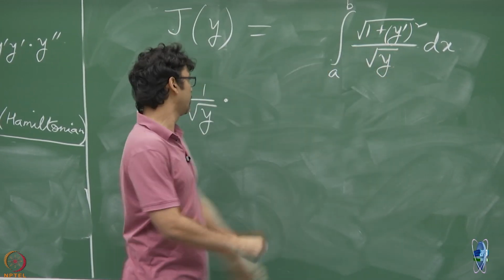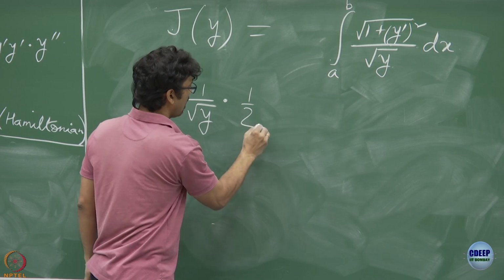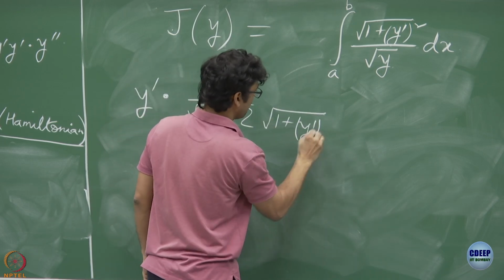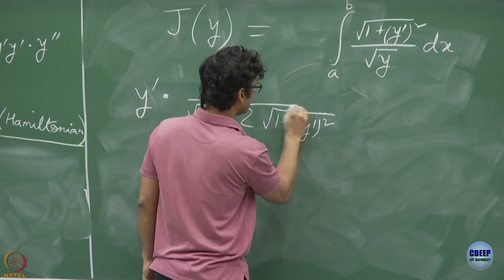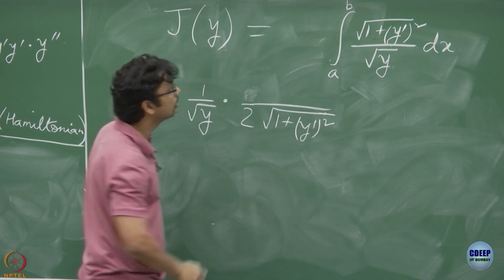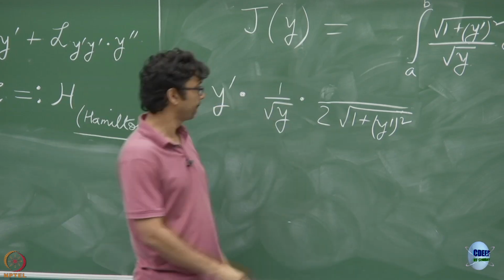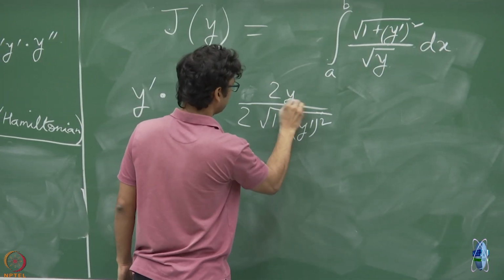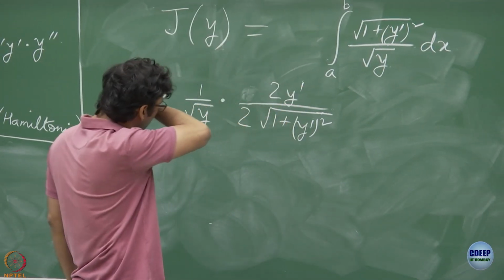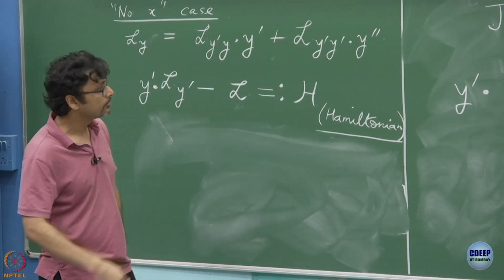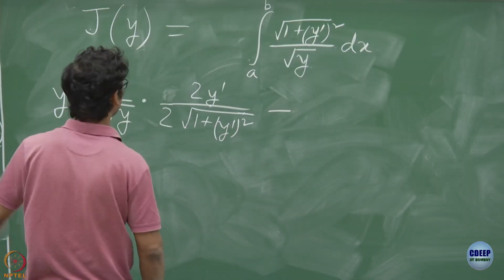So this whole thing goes to the denominator, half root 1 plus y prime squared, and in the numerator you have 2y prime, of course. Okay, so that's y prime L_y prime minus L.